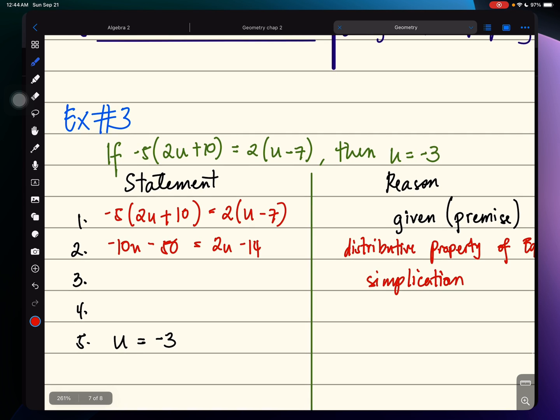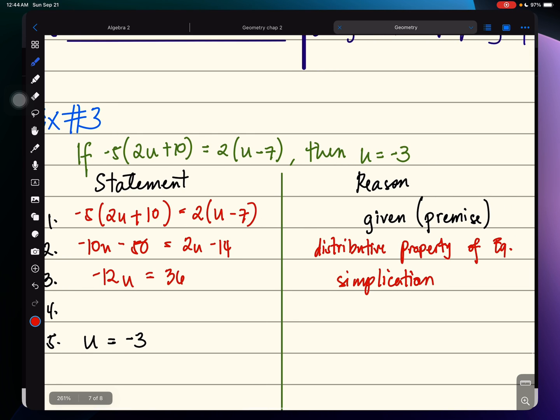So it will become what? You have to move 2u to the other side and -50 to the other side. So it will become -12u equals -14 plus 50. So that is positive 36.